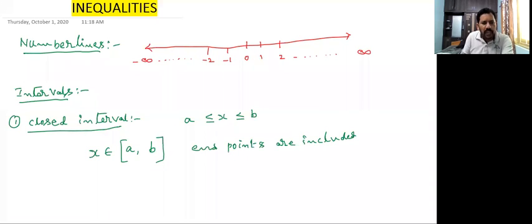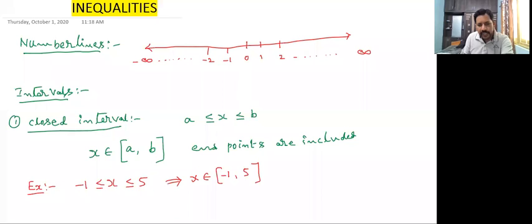So now I will give an example. Suppose -1 is less than or equal to x, which is less than or equal to 5. That means x belongs to the closed interval -1 to 5. -1 and 5 are included. In-between values we also have to consider.